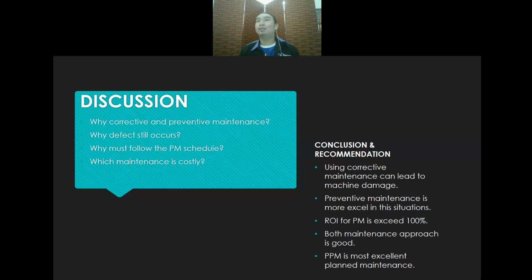But as we said, both maintenance approaches are good because both are main maintenance approaches in building services, building maintenance. So PPM is a more excellent planned maintenance because it's planned accordingly to prevent breakdown.